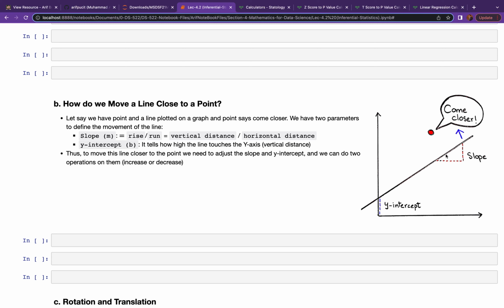And we know the slope is this vertical distance divided by the horizontal distance. We increase the slope and we get closer to this point. And the other way is we increase this y-intercept. We increase this distance and we come closer to this point. So these are the two ways to move a line in a Cartesian coordinate system.